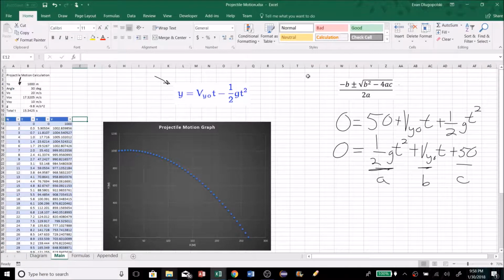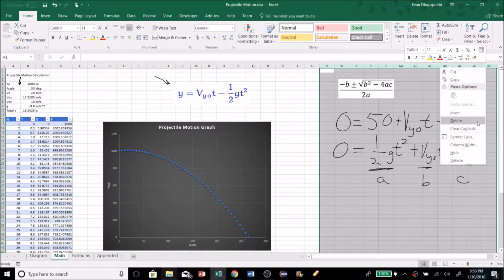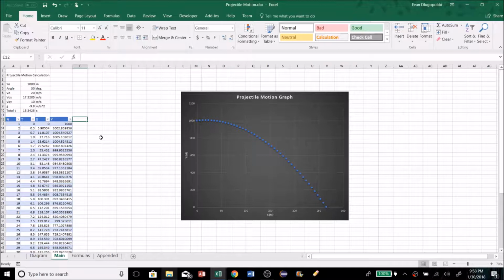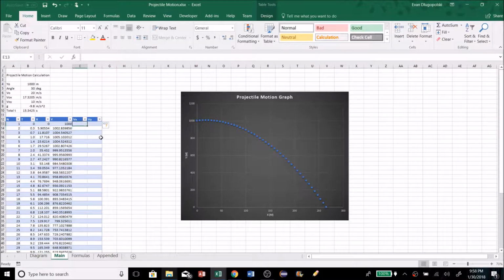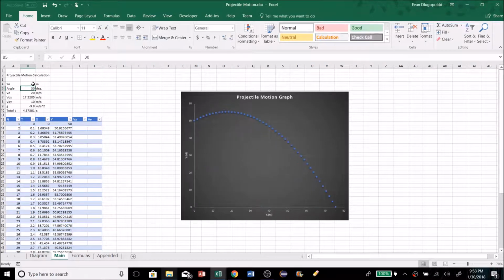So how will we do that? Let me just kind of clean things up first of all. So what we want to do is add some columns here, and we'll add the velocity in the x direction, the velocity in the y direction, and let's just solve those for now. I'm going to switch this back to 50 meters just so our graph looks right.